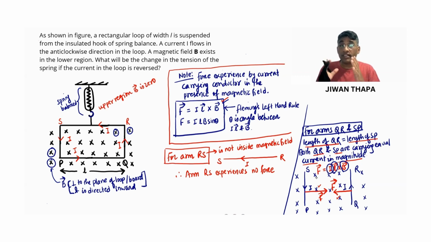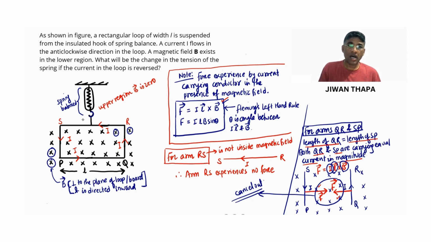So they experience equal force in magnitude, and the forces are opposite in direction, so these two forces cancel out. So in rectangular coil PQRS, we find no force acts on arm RS, and the forces acting on arms QR and SP cancel out. I'm writing over here.